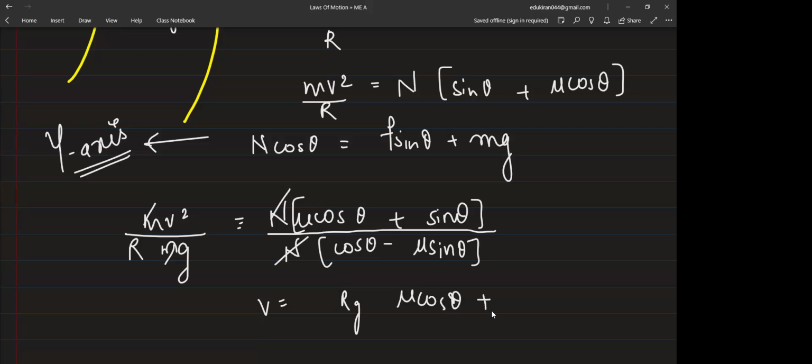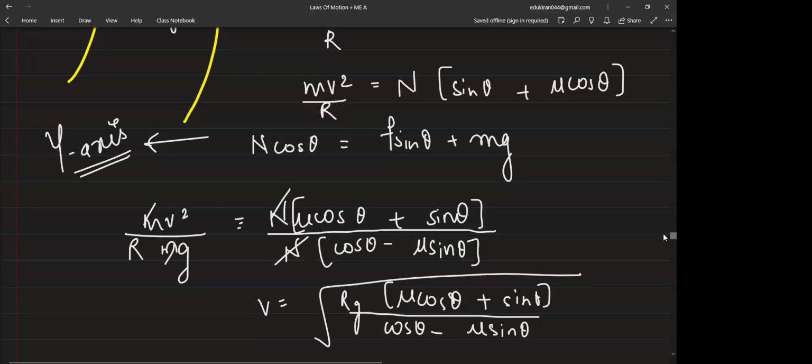So v equals root of rg times mu cos theta plus sine theta, divided by cos theta minus mu sine theta. So this is under root.